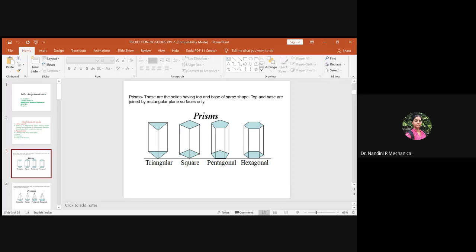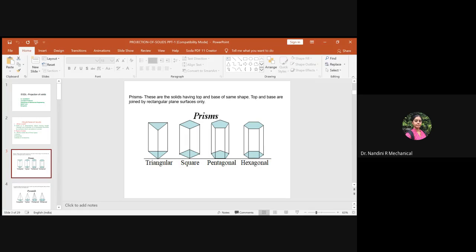In this prism, you will have three rectangular surfaces: 1, 2, and another one on the back side. So these two triangular laminas will be bounded by three rectangular surfaces. Then only it results in the formation of a three-dimensional object. Since it is bounded by triangular laminas, we call it a triangular prism.